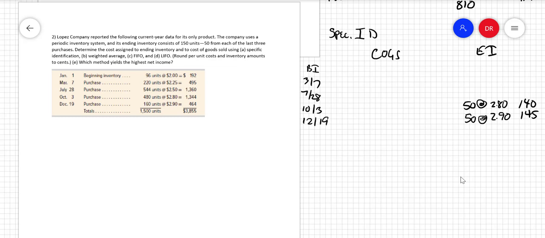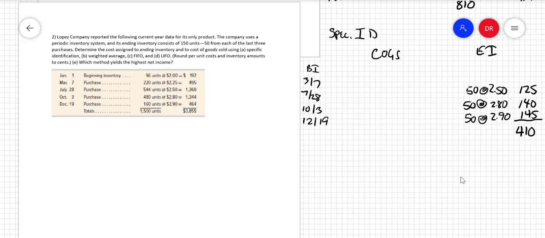Then we have 50 on July the 28th at $2.50, and that will be $125, okay? All right, so we have those 3 items. Our cost of ending inventory based on that is $410.